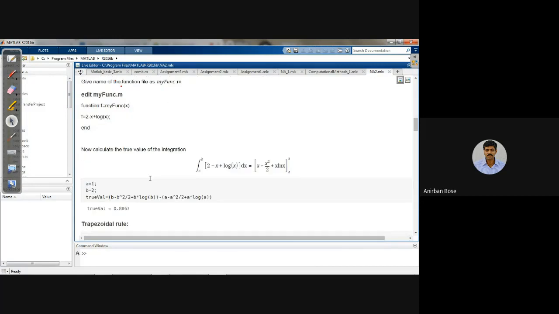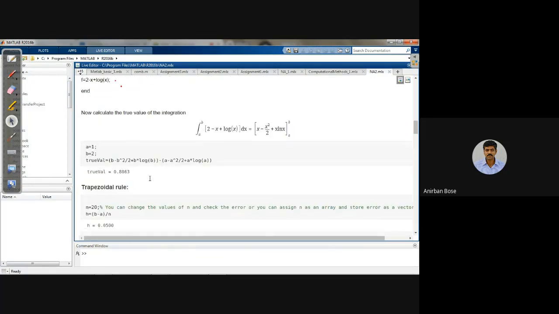Here you see that the file is already created. Initially, the actual integration has been done to finally check whether any error is there or not. If you do this integration, 2 will become 2x, x will become x square by 2, and log x will become x log x minus x.